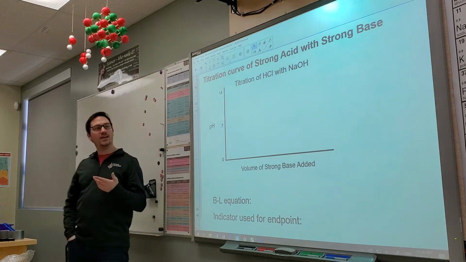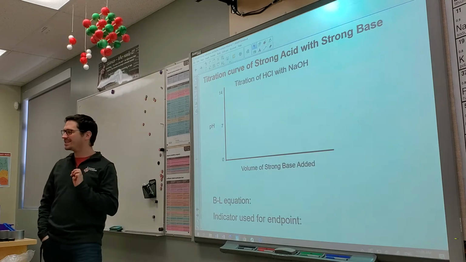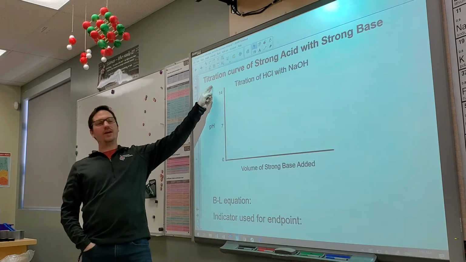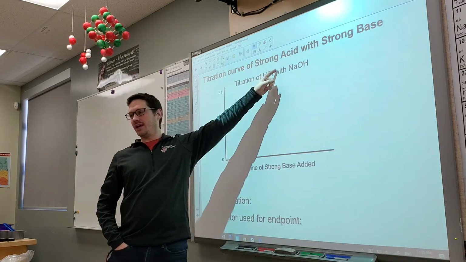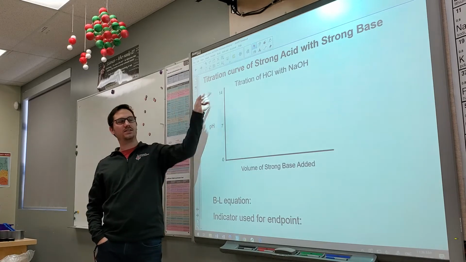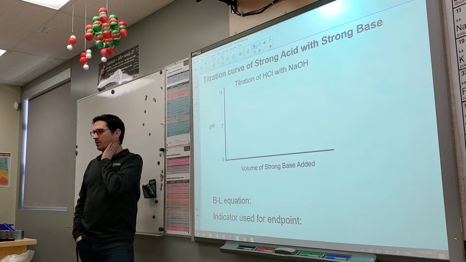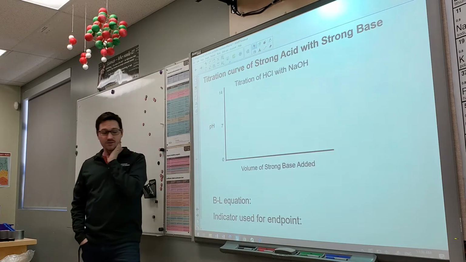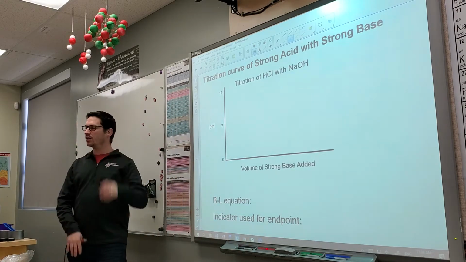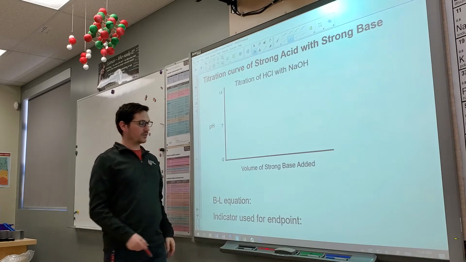This is the titration curve of a strong acid with a strong base. So if it's a titration of a strong acid with a strong base, what are we starting with here? Using that title, what are we starting with? Strong acid. We're starting with strong acid, right? So what's our pH going to look like initially? Is it going to be high or low? Low. It's going to be low because we're starting with an acid.